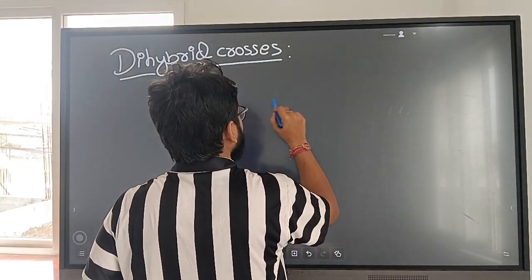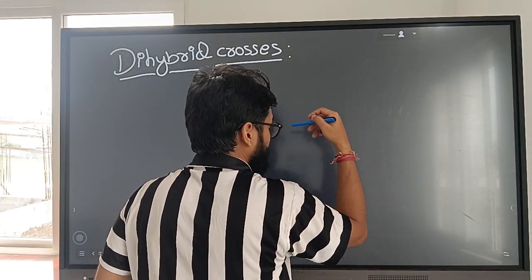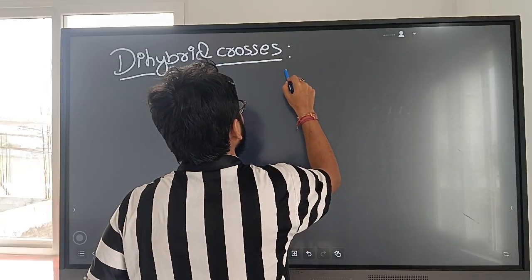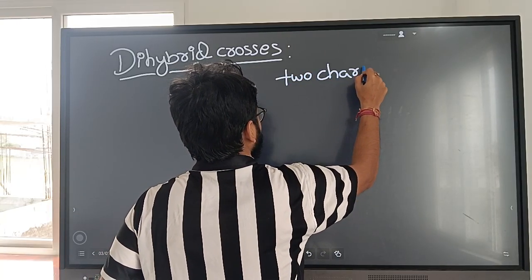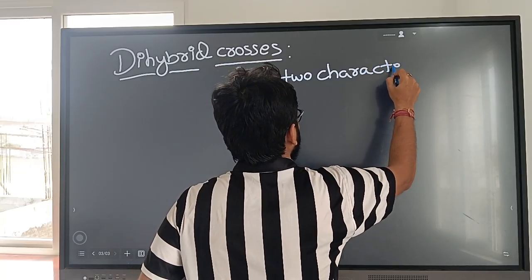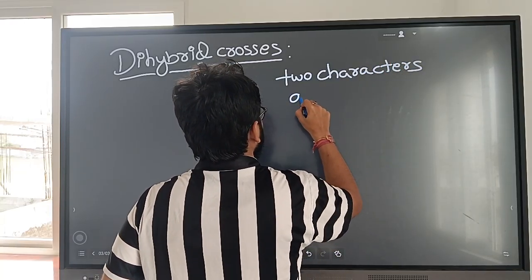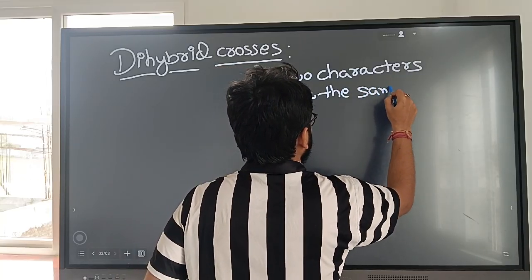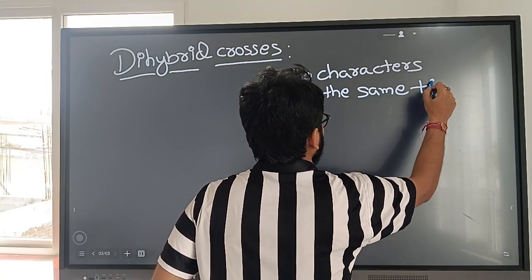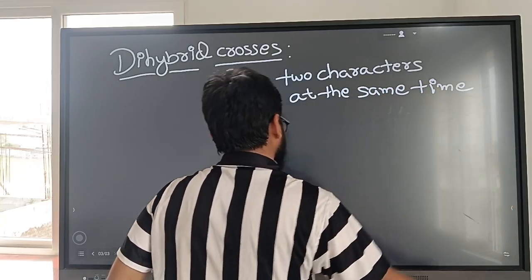Simply remember that these are crosses wherein we consider two characters at the same time. Two characters at the same time.